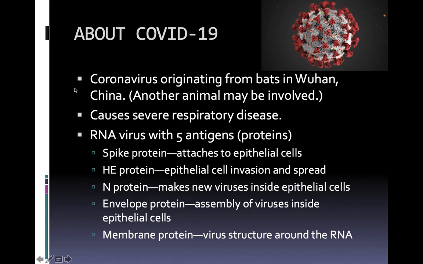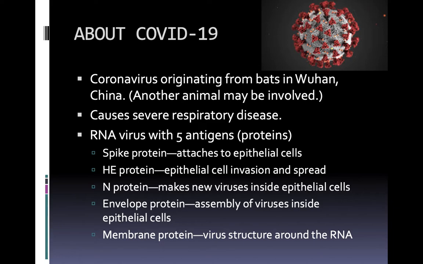The spike protein, which is the triangular maroon protein you can see in the picture, is probably the most important one for the virus, because that is the protein that allows the virus to attach to epithelial cells in our lungs.